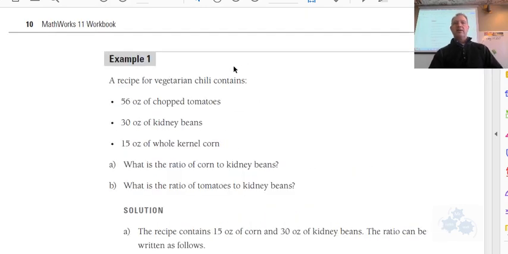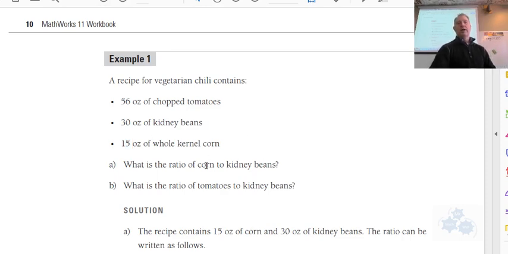All right. Let's take a look at example 1, which is a recipe for vegetarian chili. And the recipe says this. This is what we need, guys. 56 ounces chopped tomatoes. 30 ounces of kidney beans. 15 of whole kernel corn. Okay?